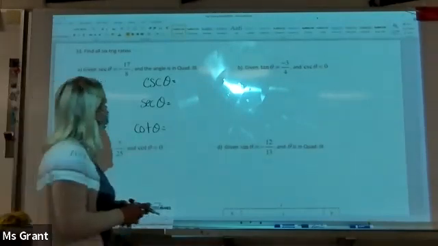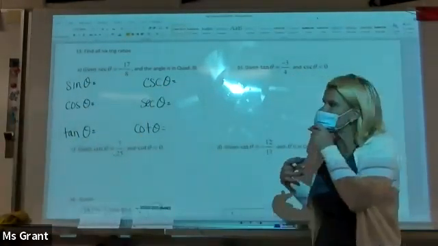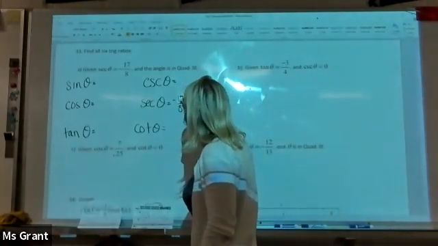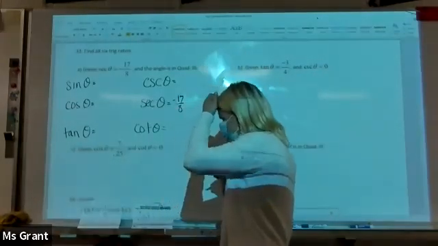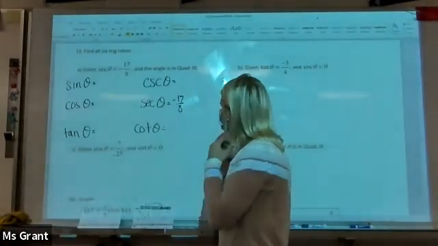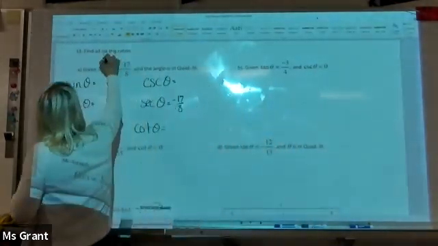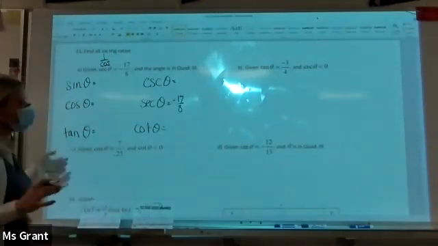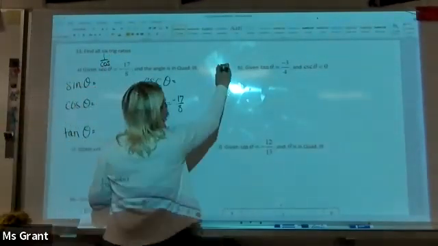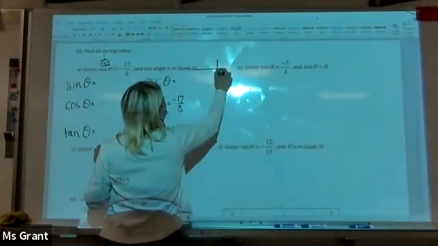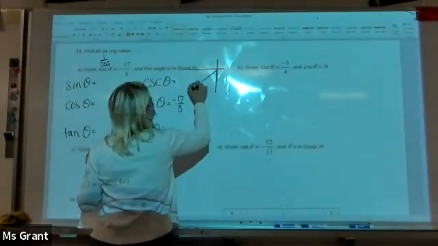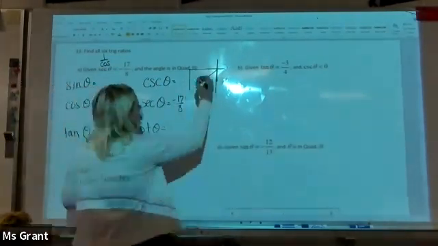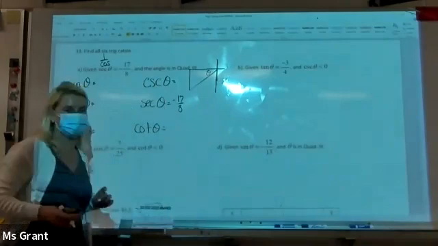Okay. Now here's the deal. I was told that secant is negative 17 over 8. Well, secant is 1 over cosine. So then, if it's in quadrant 3, I'm literally going to draw a triangle in quadrant 3. The angle theta comes from the central angle area.